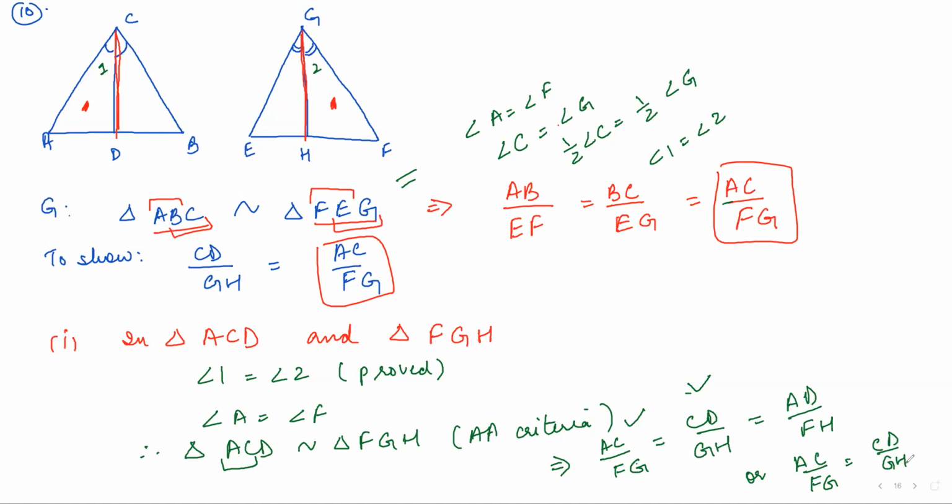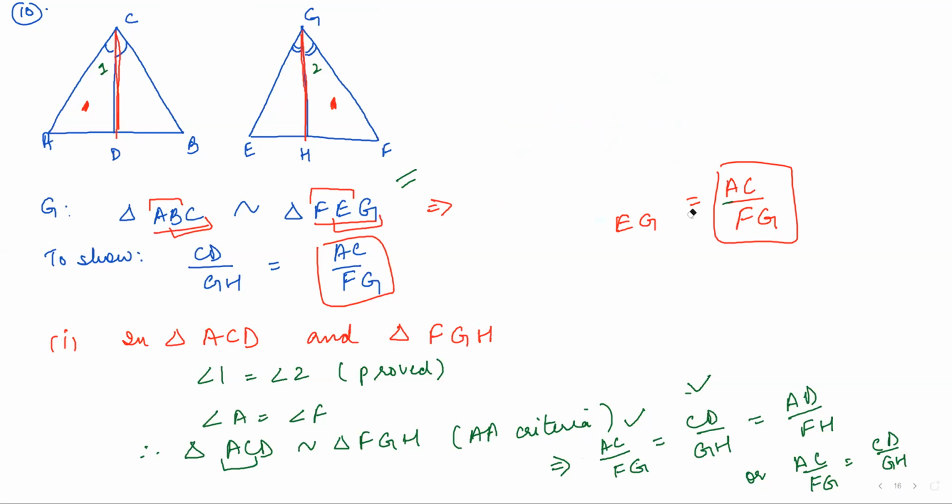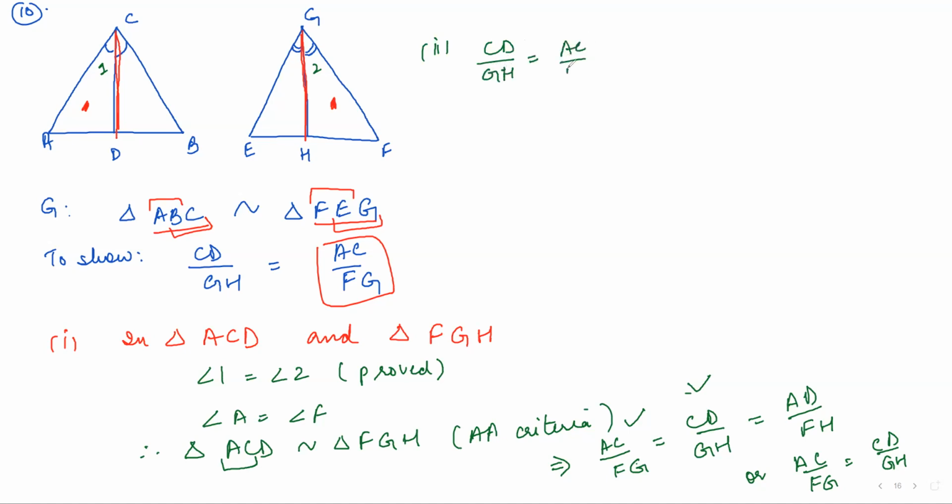Okay. Second part now. So second part, you have to show that CD by GH is equal to AC by FG, right?